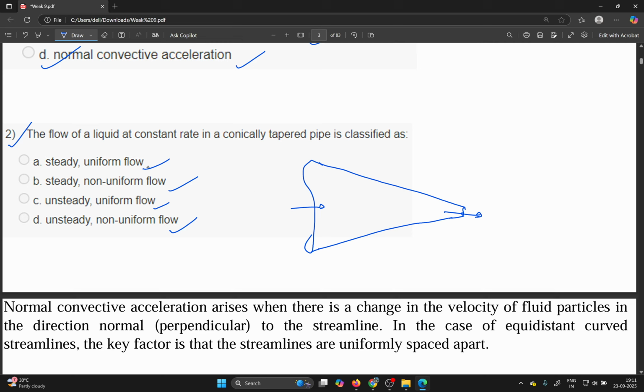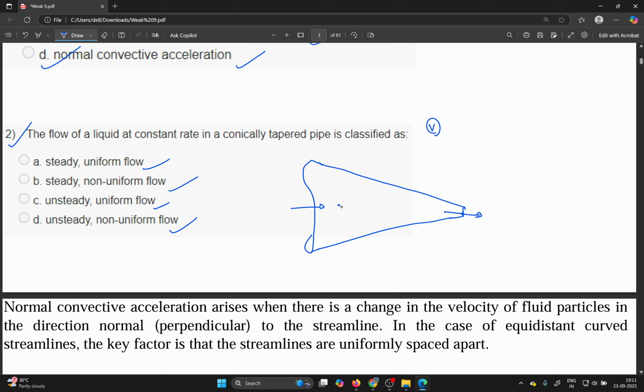You have to understand the definitions of steady, uniform, non-uniform, or unsteady. The definition of steady is that at a particular point, and I am going to consider velocity as the flow parameter, your velocity or any flow parameter should not change with respect to time.